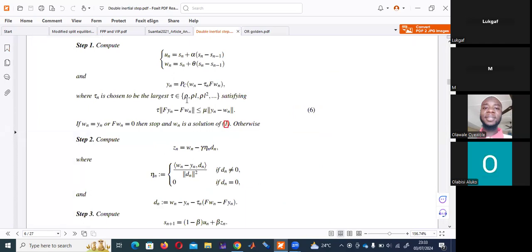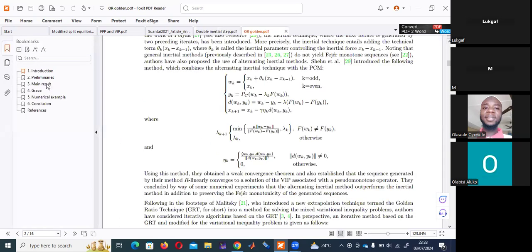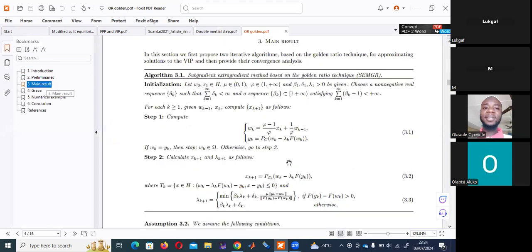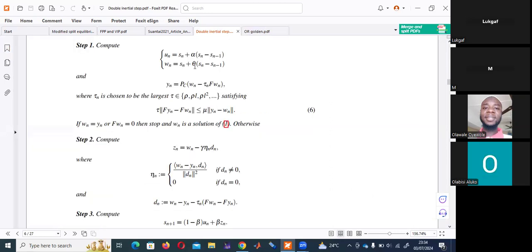Instead of using self-adaptive line search, another thing to improve is that instead of using this, we use self-adaptive, and instead of using contraction we change it to subgradient. You will see that they used subgradient here. In the paper that tries to improve on projection contraction, we can change it to subgradient as done in this paper. Then the double inertia method is what we also want to add, and we also add fixed point.